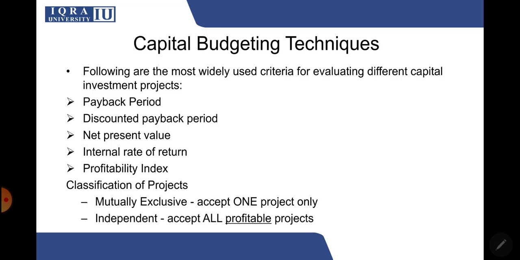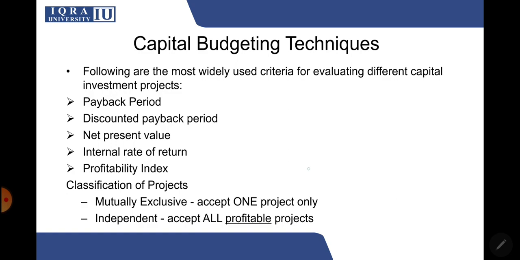Now these are the capital budgeting techniques that we will be studying in this chapter. In this lecture, I will be covering payback and discounted payback period. Moreover, you should know the classification of the projects. What does mutually exclusive and independent mean? Mutually exclusive means that you can accept one project only.